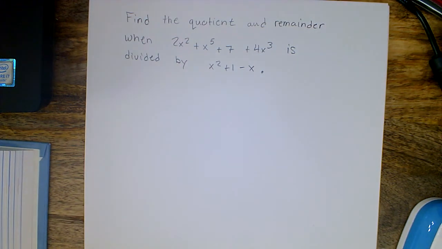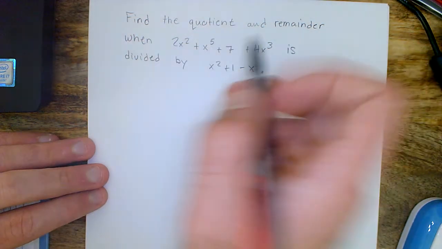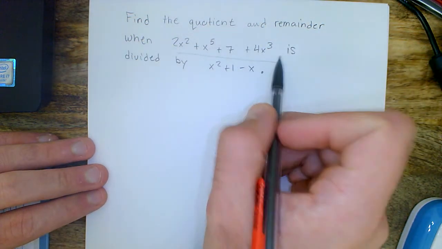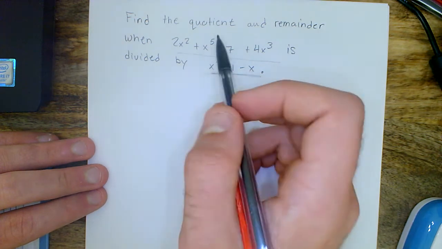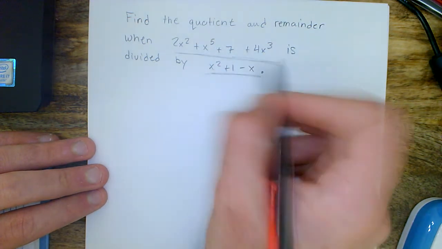Okay, so the first thing you want to do is identify the dividend and identify the divisor. So from our example before, the dividend is this piece here, and the divisor is this piece, because that's just what the directions of the problem say.